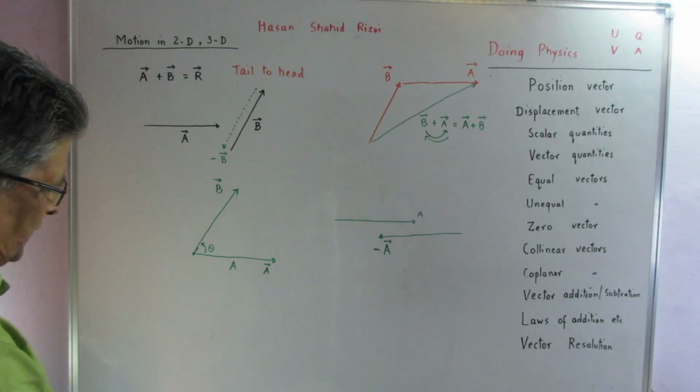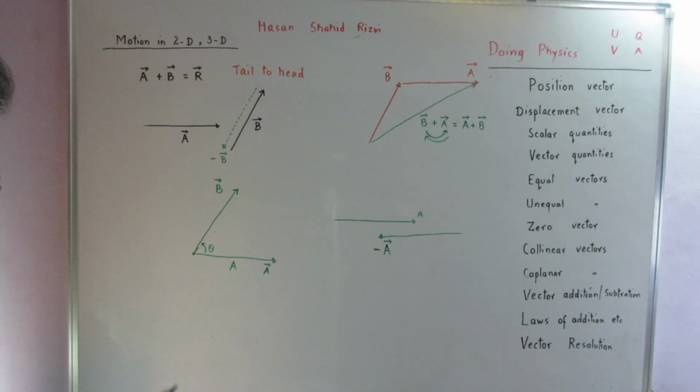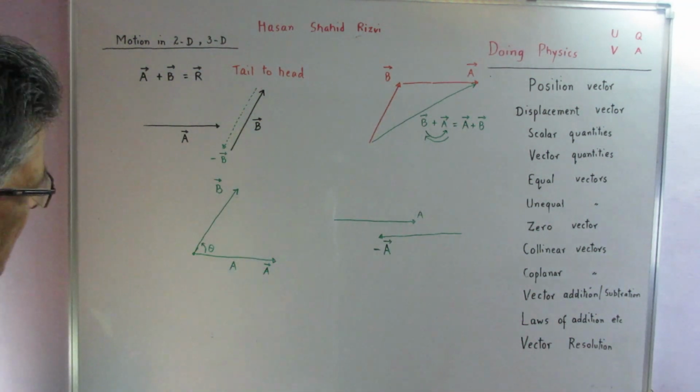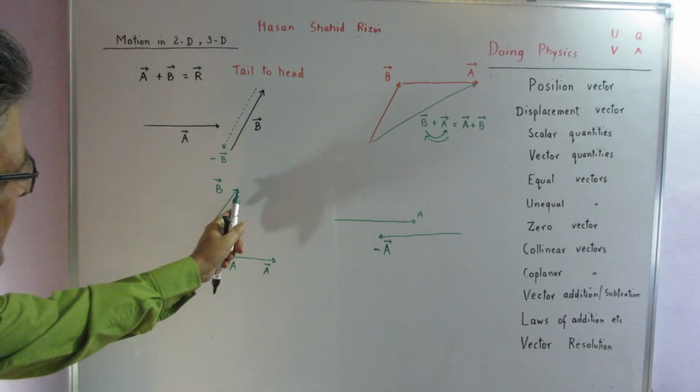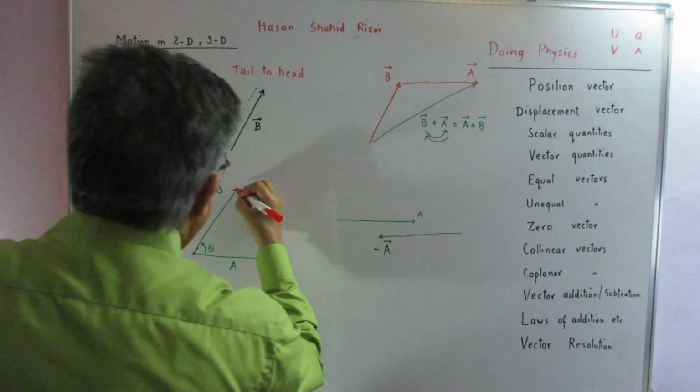Now what we do is, I can shift this vector A here parallel to itself, starting from this point.